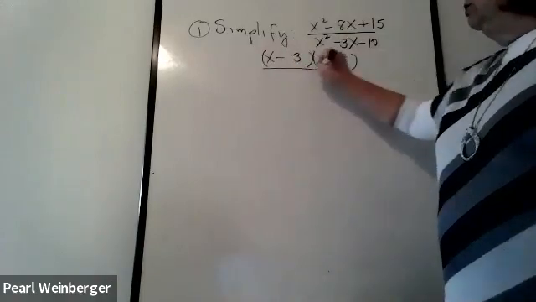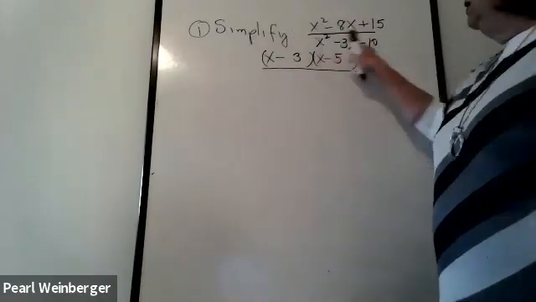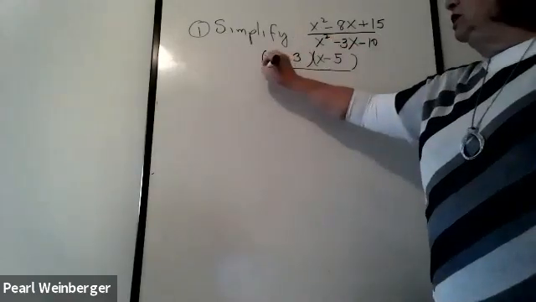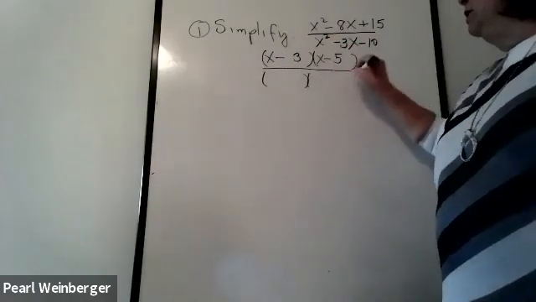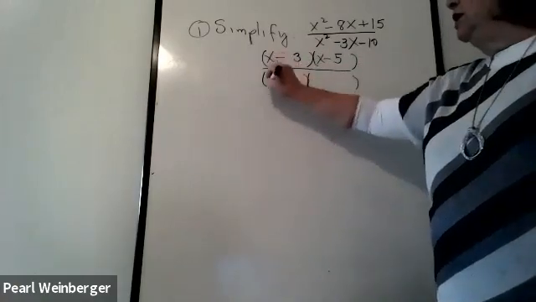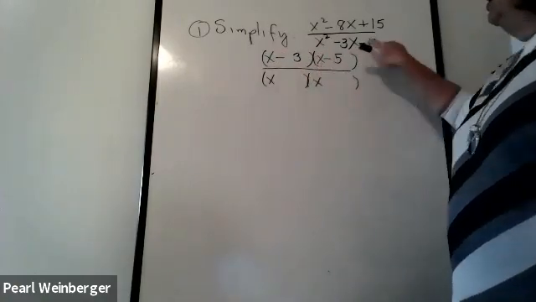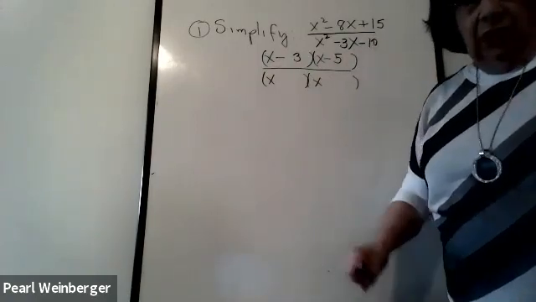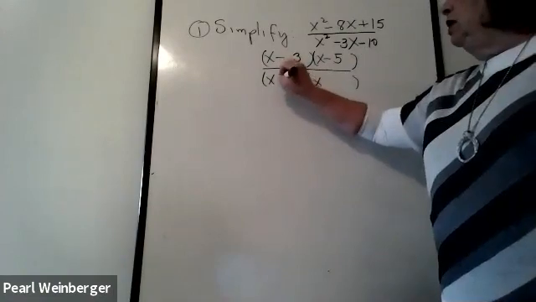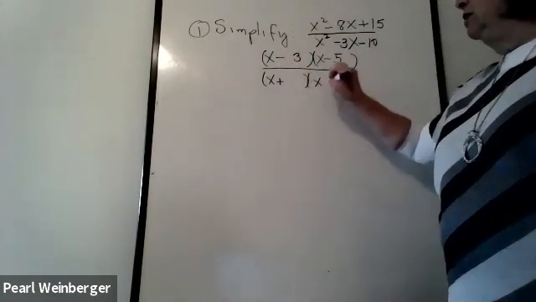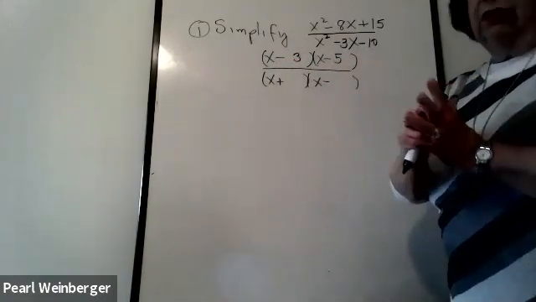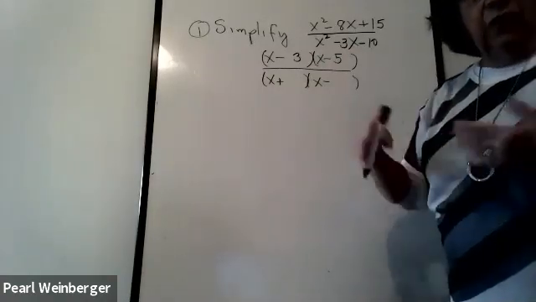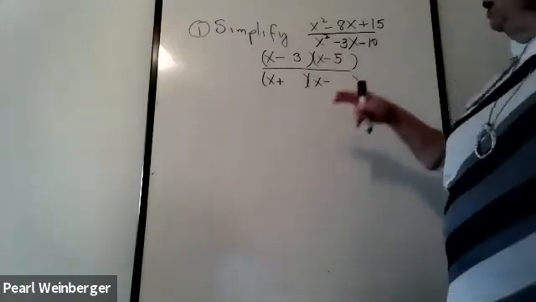So those are the numbers we put in here. That's factoring my numerator. Factoring my denominator, again, I have a leading coefficient of just plain x squared. So again, I'm going to break it up into 2 parentheses with x and x. In this case, my last term is negative. Therefore, it means that one sign in one parenthesis is going to be positive and one's going to be negative. Because when your final answer is negative, in order to get a negative, you have to multiply a positive and a negative.